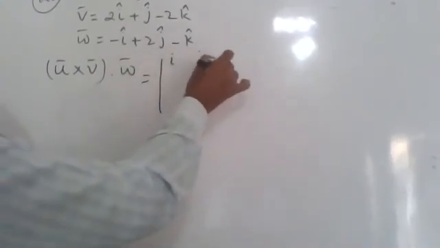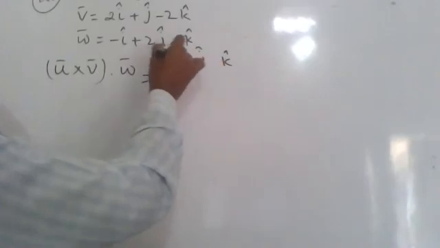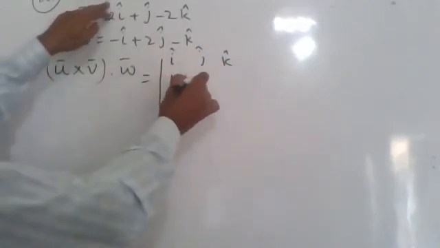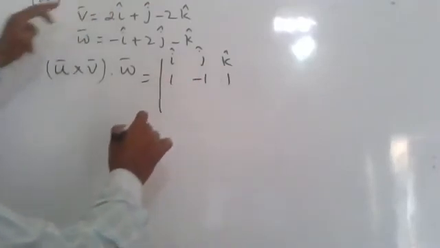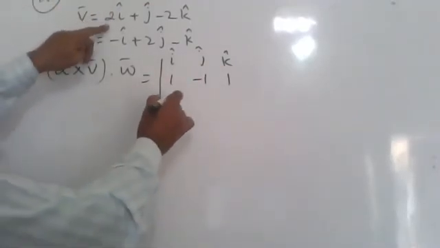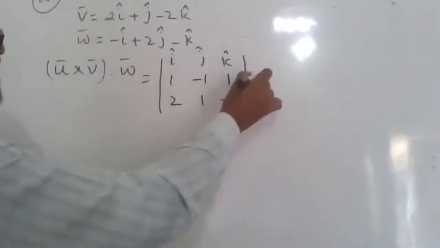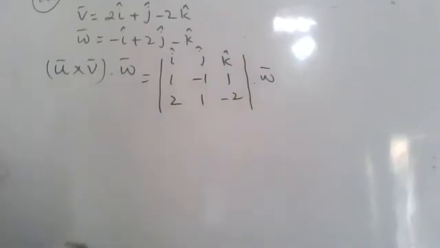With i, j, k, then U is 1, minus 1, 1, cross V is 2, 1, minus 2. And just write dot W because we are not operating on W yet.